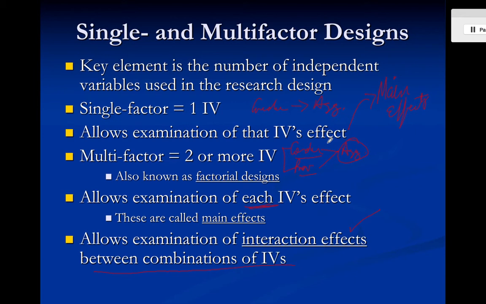I can view the gender puzzle piece alone and see how it affects the picture of aggression. I can view the puzzle piece of provocation and how it affects aggression's picture. But if I put those two puzzle pieces together, I'm going to get a clearer picture of aggression. And that's ultimately what a factorial design is going to allow you to do.